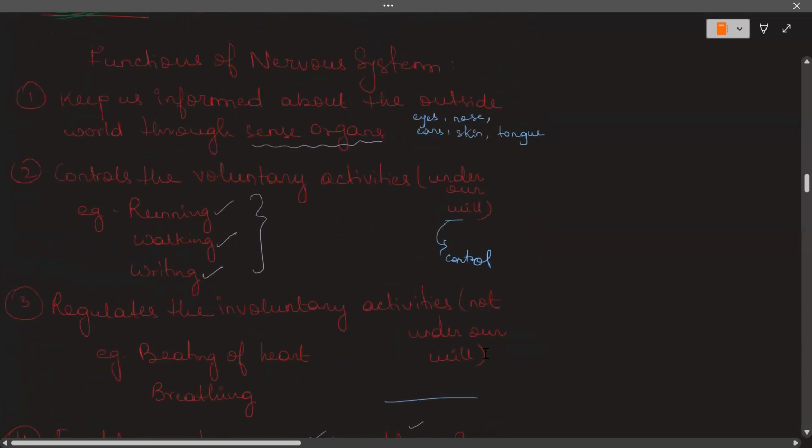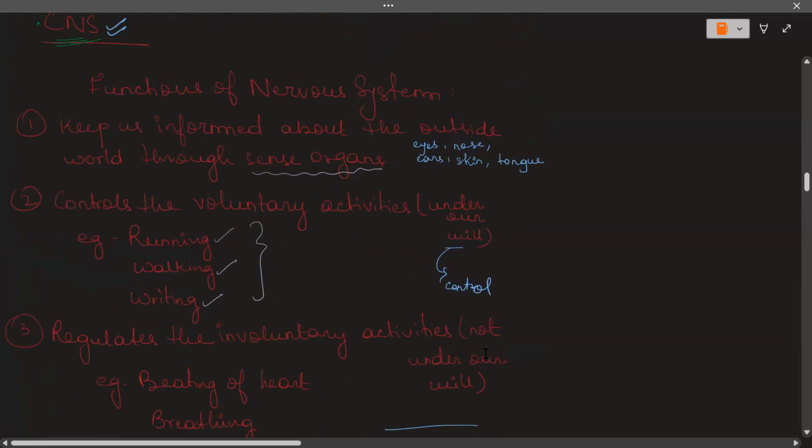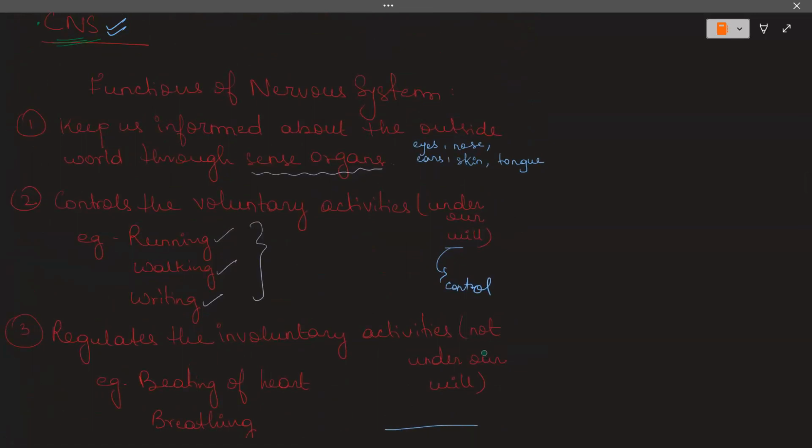Okay, now we'll talk about the functions of the nervous system. The first function of our nervous system is to keep us informed about the outside world with the help of sense organs. How many sense organs do we have, students? Five, ma'am. Name them. Eyes, nose, skin, tongue, ears.